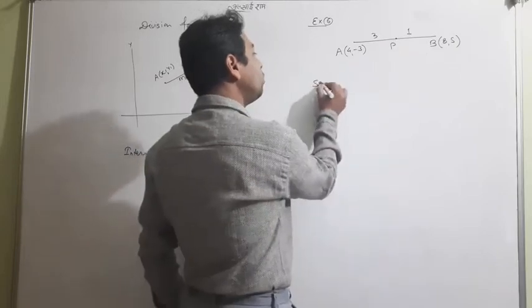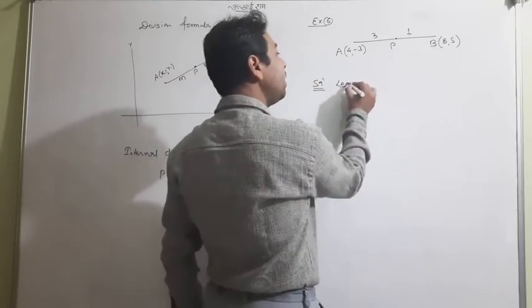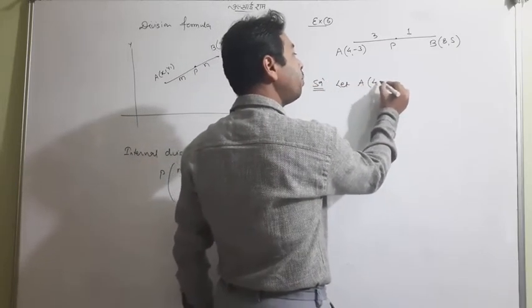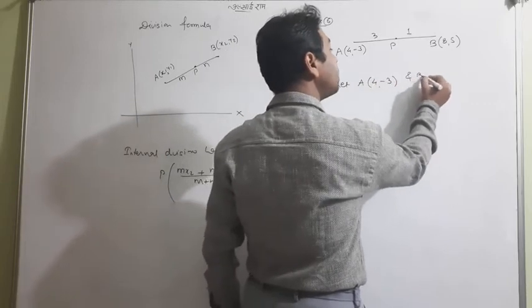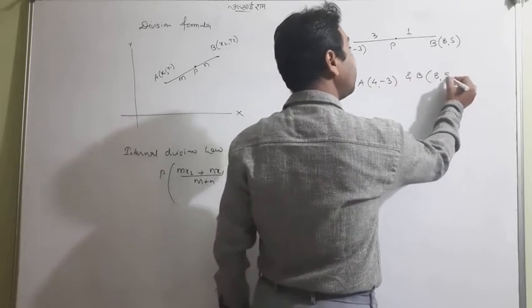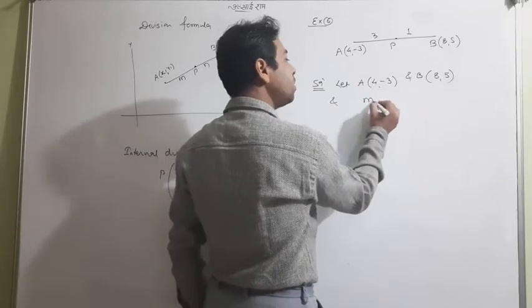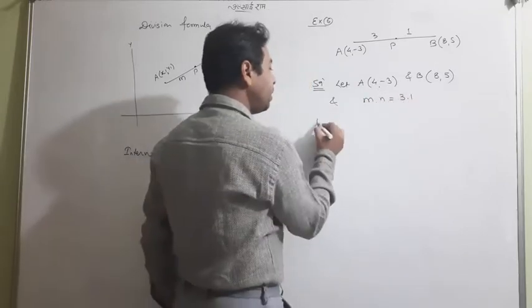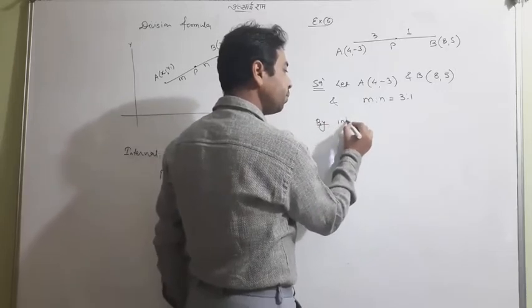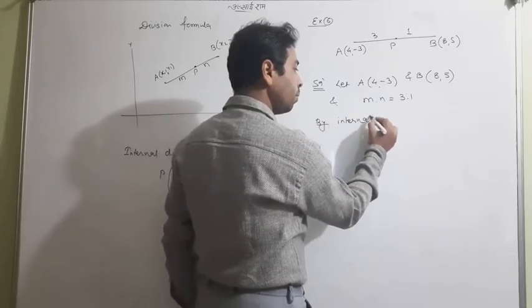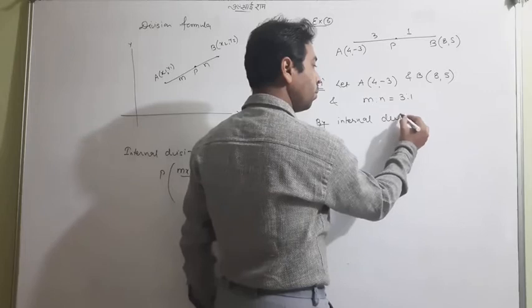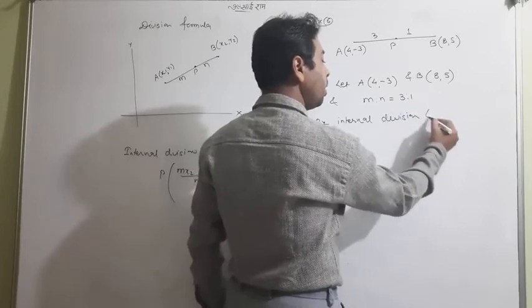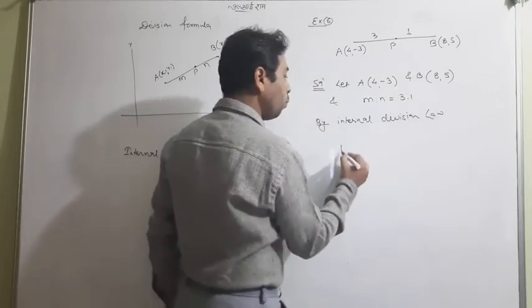In the solution we can write: let A be the point 4 minus 3 and B be the point 8 and 5, and let m is to n be 3:1. That's good enough. Then by the internal division formula, what is P?